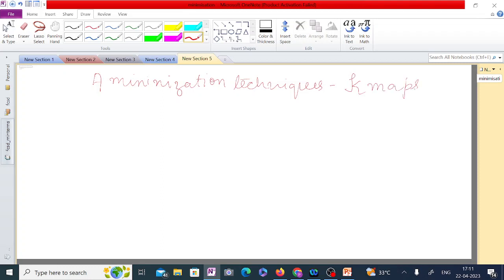Kmaps are also called corner maps. Here, if you have n variables, you will be representing these n variables in the locations. It's a graphical representation, so you will have 2 per n locations, or we call them cells.